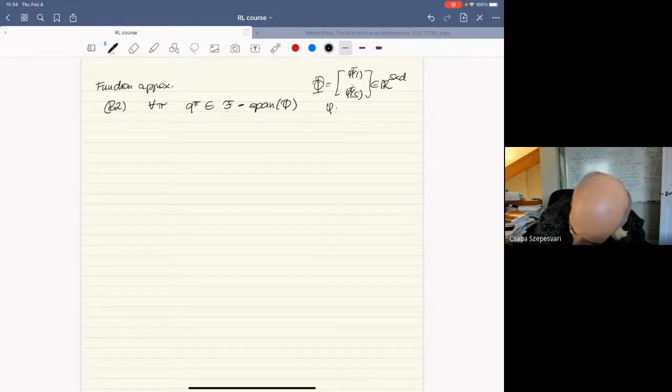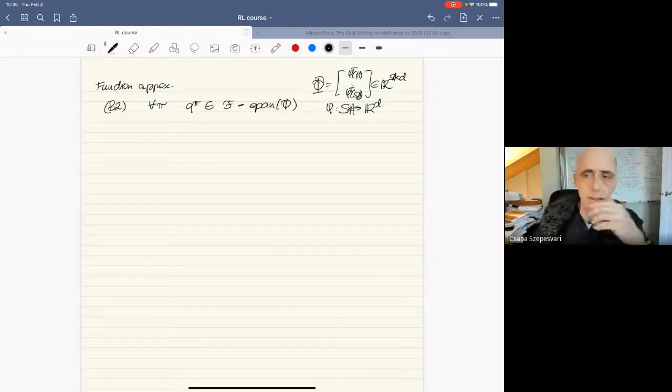And then phi was this feature map. These are actions too, so all the actions are listed as well, from the first action to the eighth action. So this feature extraction assigns to every state action pair a feature vector.